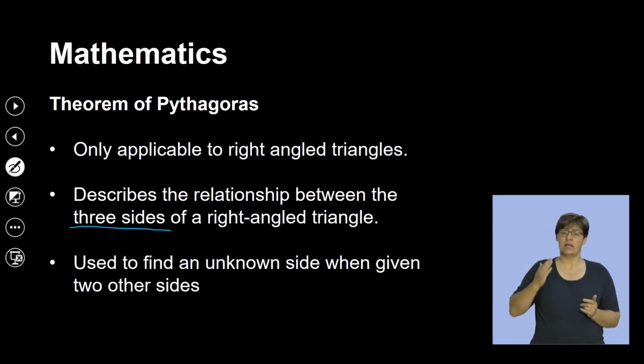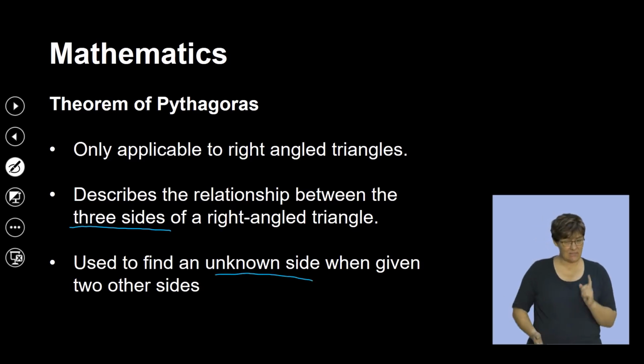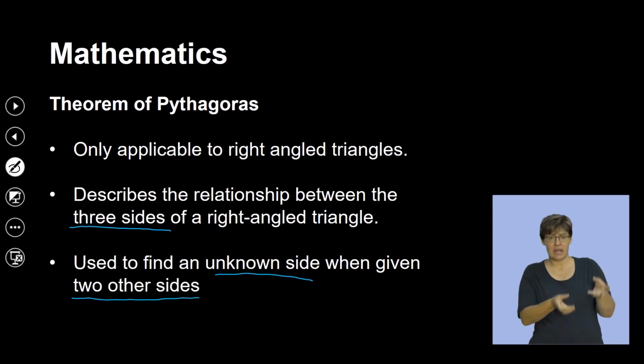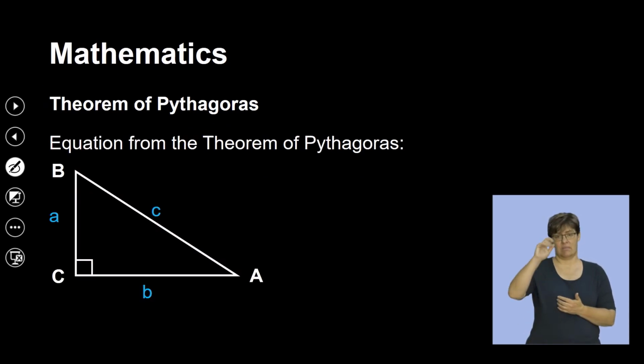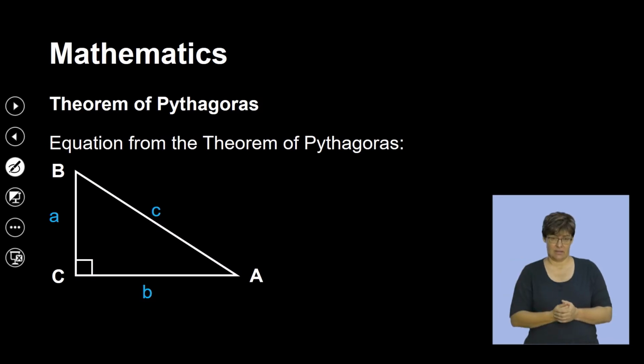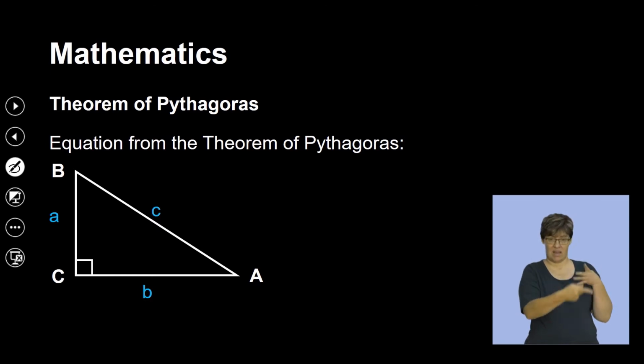So already, we are answering the very first question that we just asked. Can I find an unknown side if I'm given two other sides? Yes, using the theorem of Pythagoras. Remember that the equation of the theorem of Pythagoras always starts with the longest side squared, which is equal to the sum of the other squares.